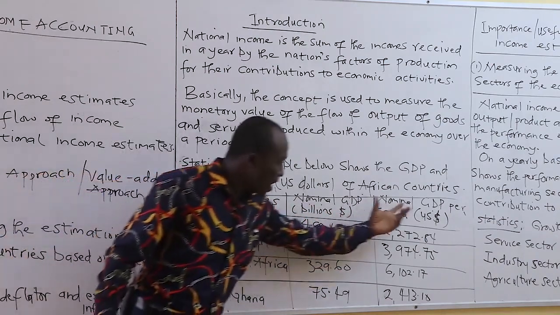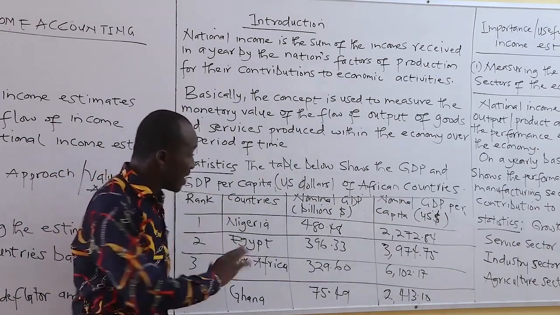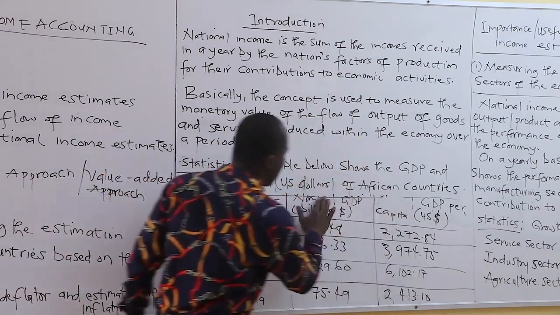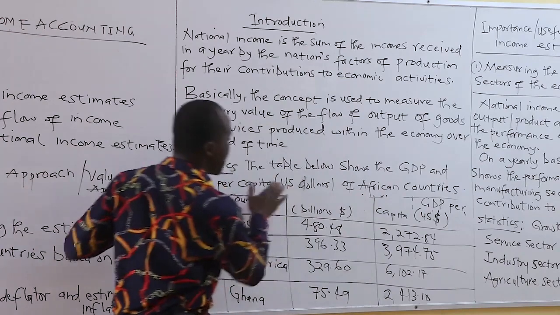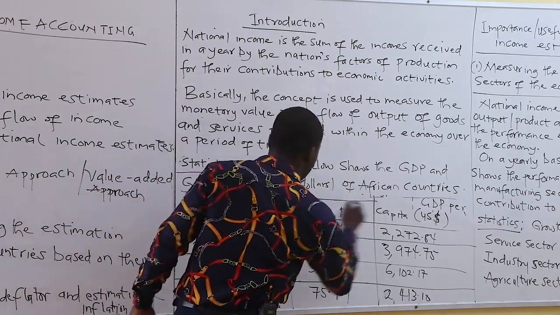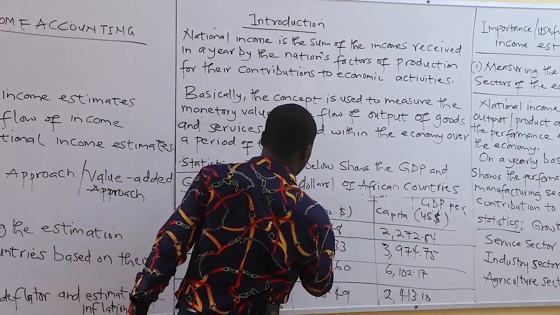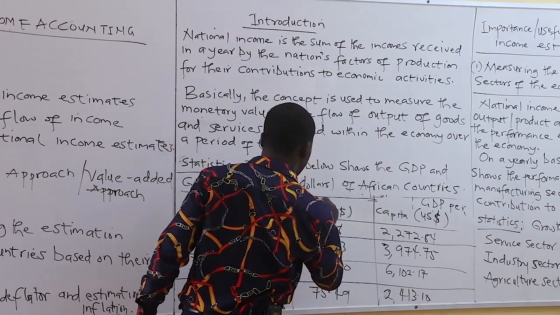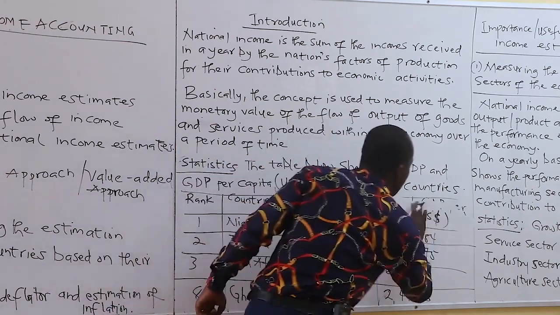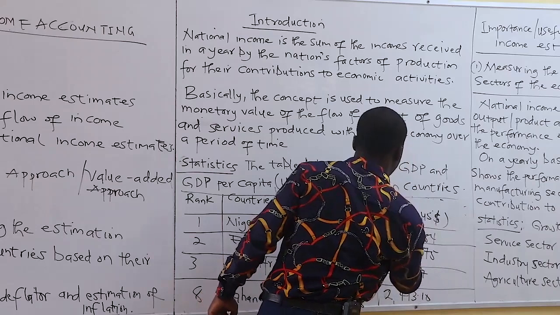And we have their nominal GDP per capita, or let's say just GDP, right? Let's make things easy for us. So GDP, and this is GDP per capita.